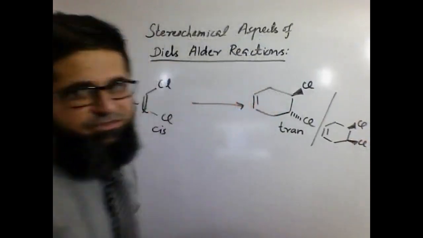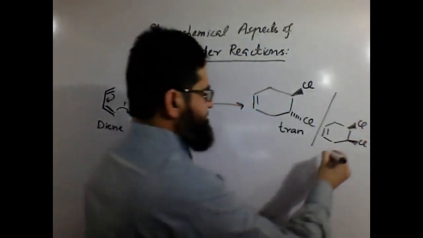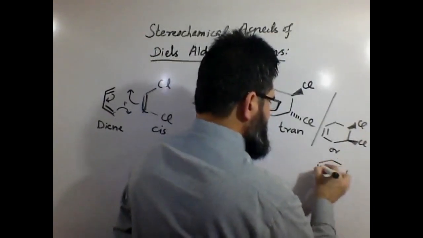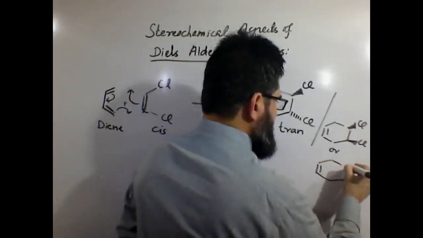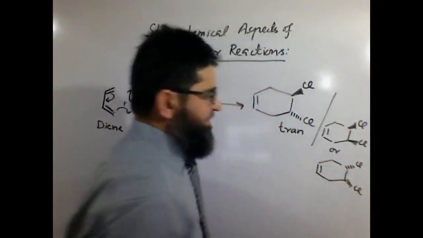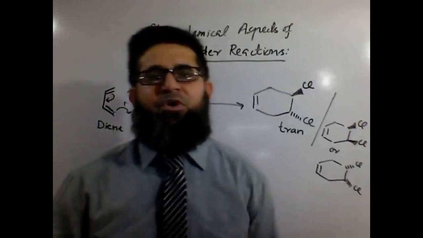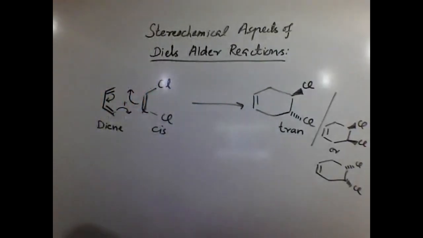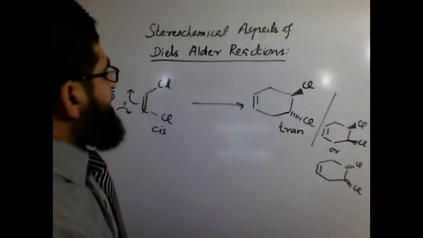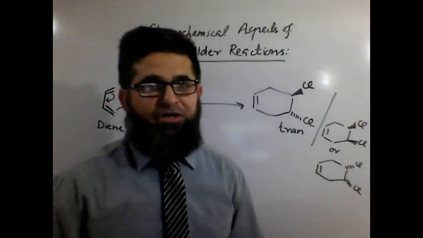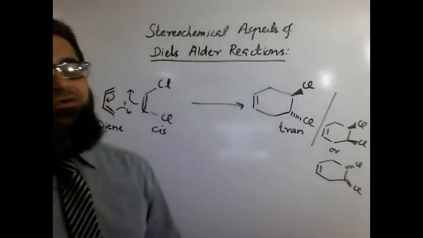It represents the same product, you know. So this is how the stereochemistry is involved in Diels-Alder reactions: the stereochemistry of the dienophile.